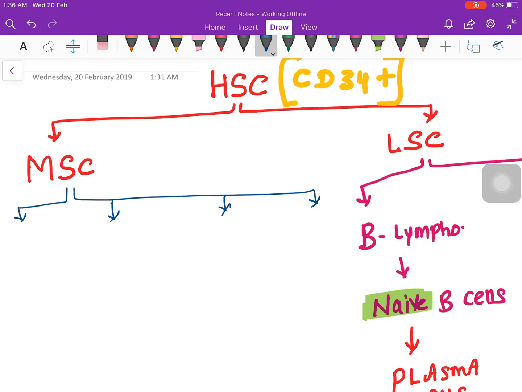These myeloid stem cells can form erythroblasts. Erythroblasts will further form RBCs.